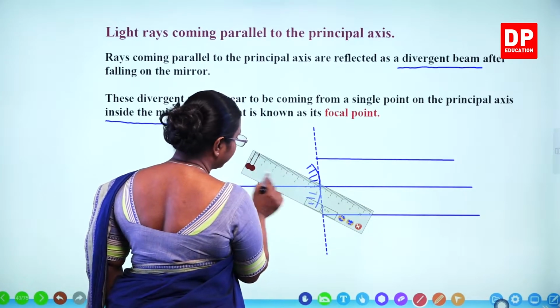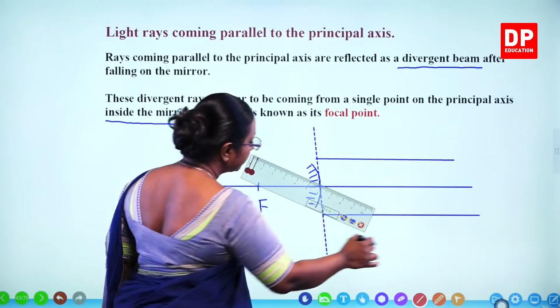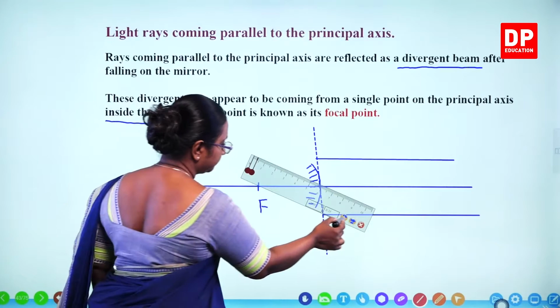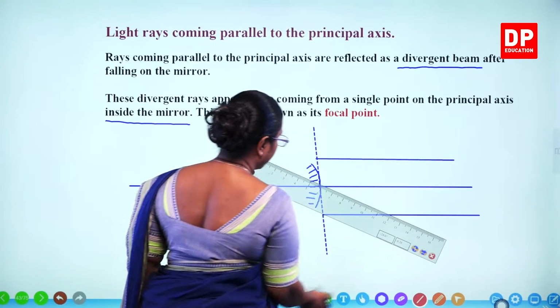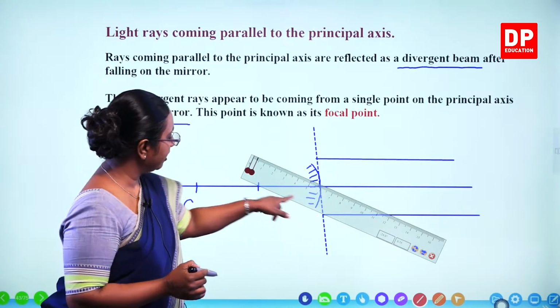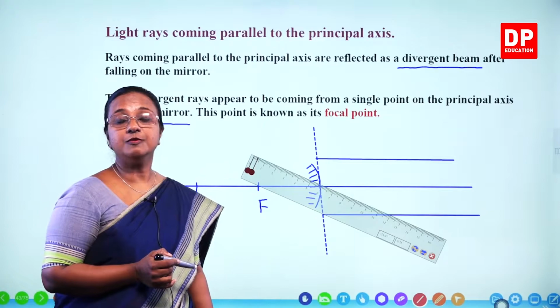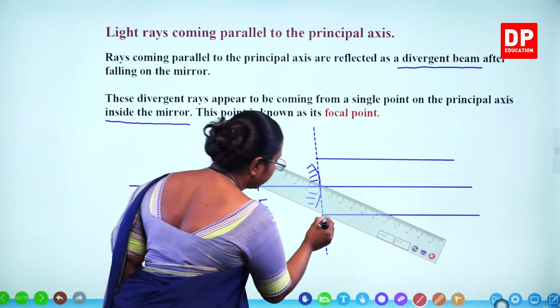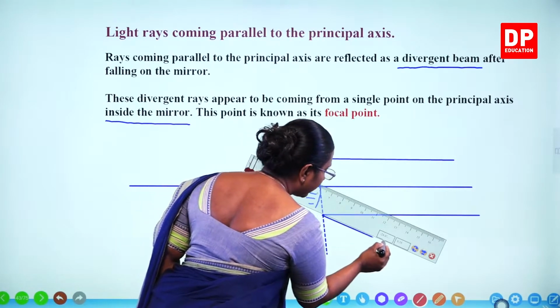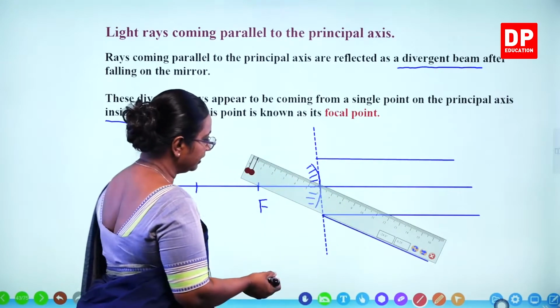So these rays will reflect in such a way that they will be divergent rays. They will diverge from this ray. But when we extrapolate that ray, it will look as if it's starting from this point. That is the focal point. So here I will show the divergent ray using a complete line.